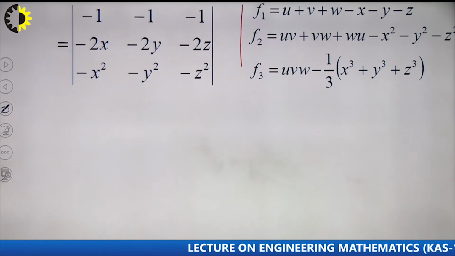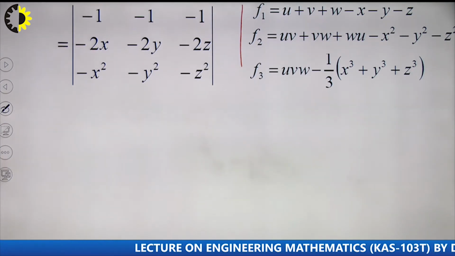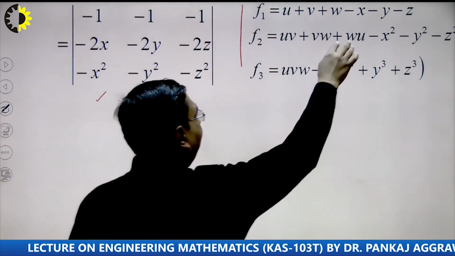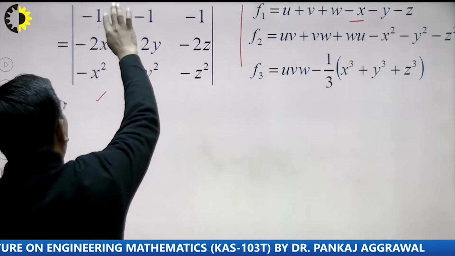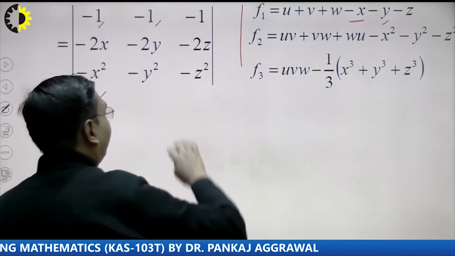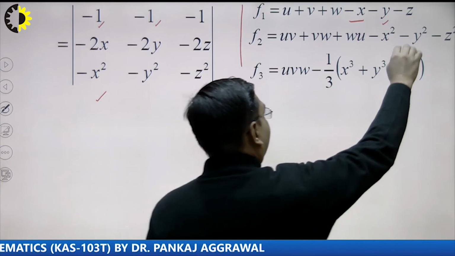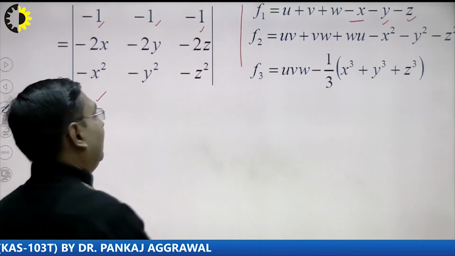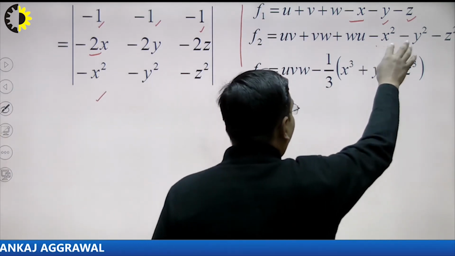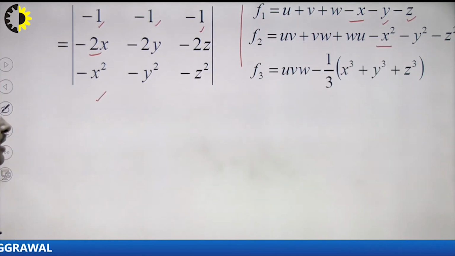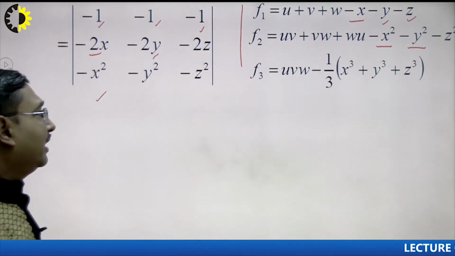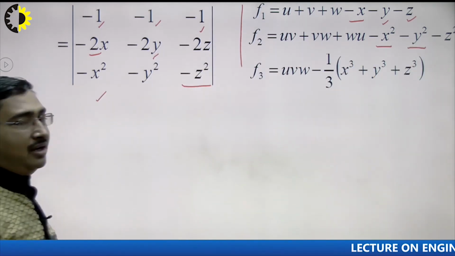This Jacobian will obtain this form, because del f1 over del x will be minus 1 written here, del f1 over del y will again be minus 1, del f1 over del z will again be minus 1, del f2 over del x will be minus 2x from here, del f2 over del y will be minus 2y, and similarly the remaining terms.